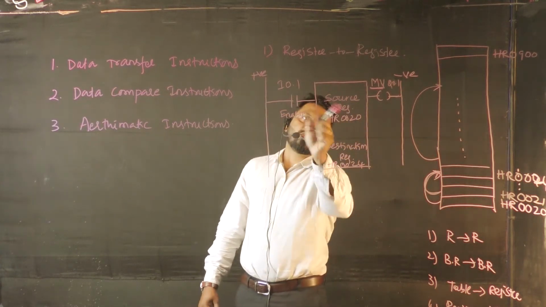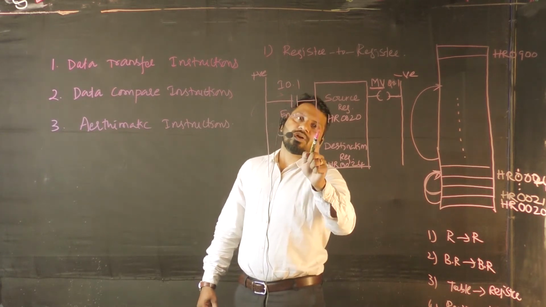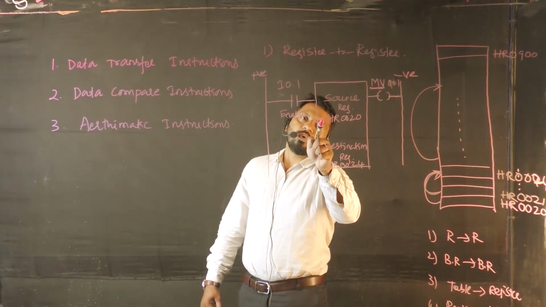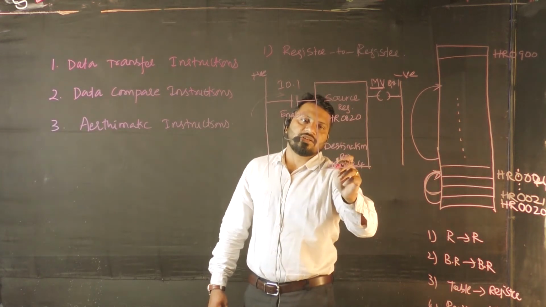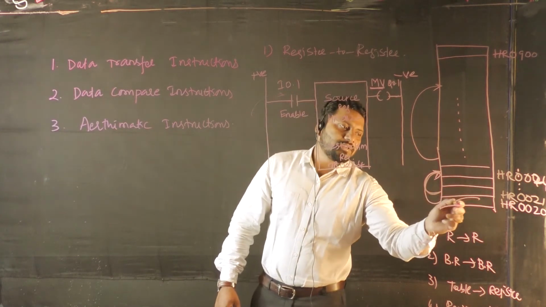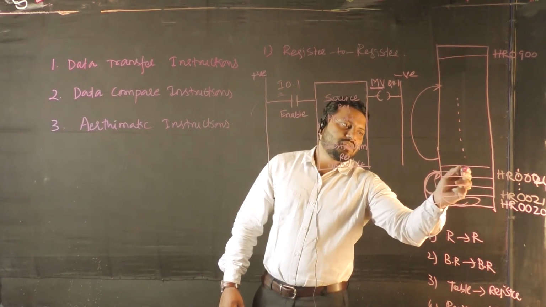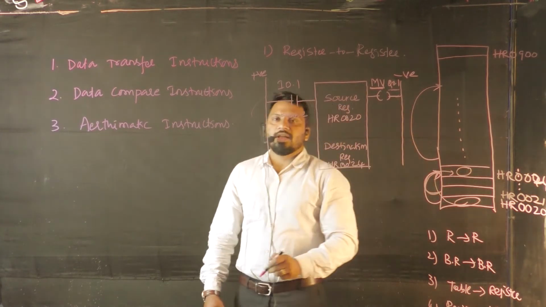Whenever you enable this input, data is transferred from the source register, holding register 0020, to the destination register, holding register 0024. Once the data in this register is transferred to this register, this output goes high.